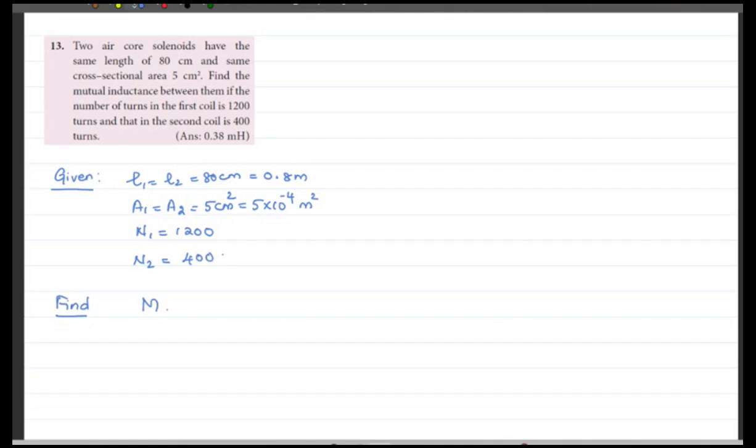Okay. Solution. Simple formula தான். M is equal to mu naught N1 N2 A2 into L. இதுதான் formula. ஆனால் நமக்கு small n is equal to என்னன்னு தெரியும். Small n is equal to N by L னு தெரியும். So n1 is equal to N1 by L1. n2 is equal to N2 by L2. L1 is equal to L2. அப்போ n1 n2 இடத்துல capital N1 capital N2 போட்டுடலாம். அப்படிதானா?